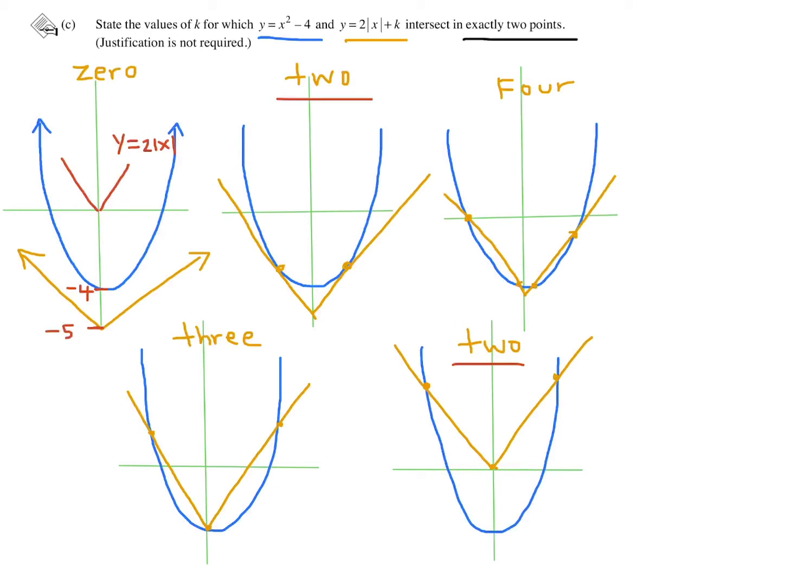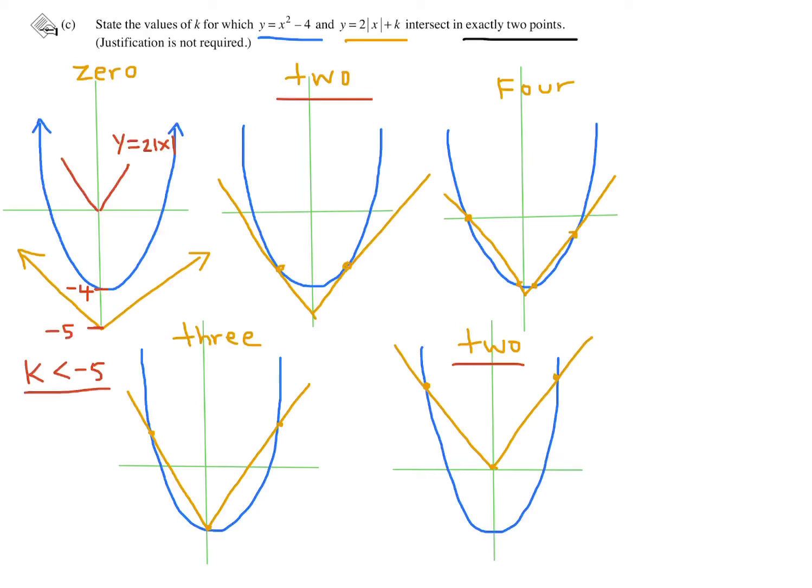Okay? So this scenario, the first one, happens when k is less than -5. And we also figured that out in the previous question, that we had to figure out a scenario where when do they never intersect? When they never intersect, there.